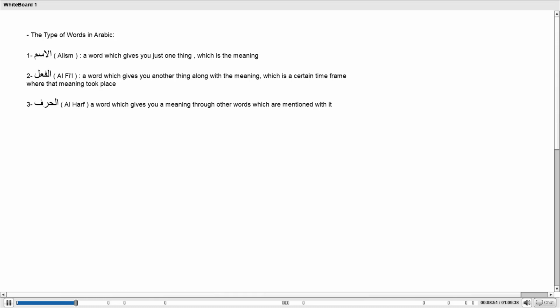Clear? You might say, please elaborate further on al-harf. I say, don't worry, we don't have to. Why? Because al-harf is not studied in Sarf. Yes, you can say supporting words. Al-harf is not studied in Sarf. So, if al-harf is not studied in Sarf, does it concern us?